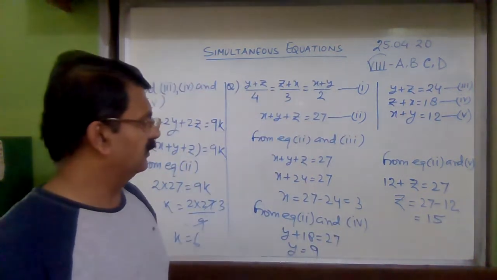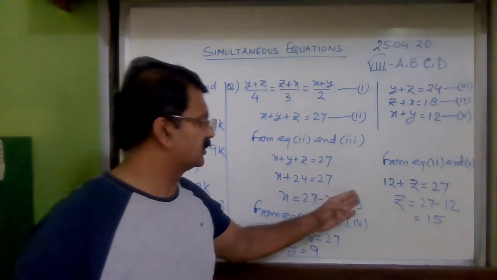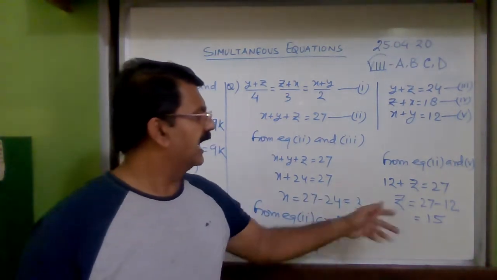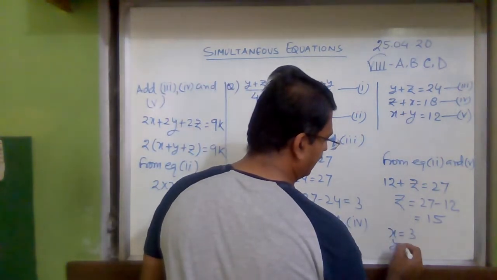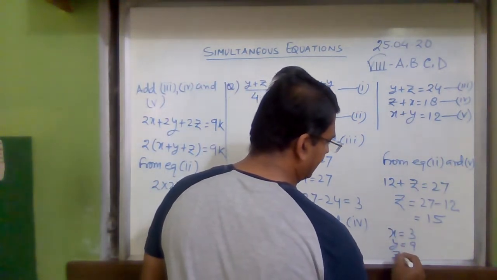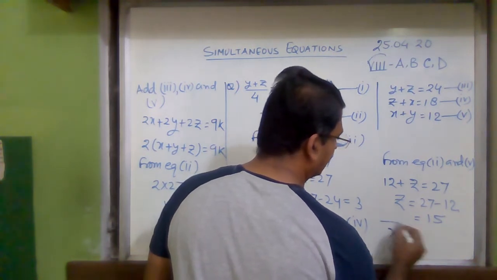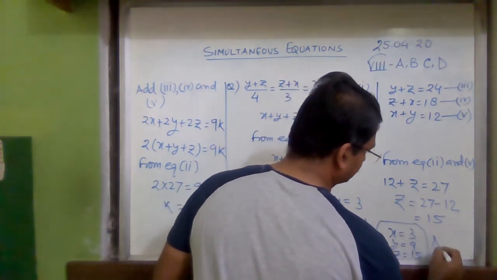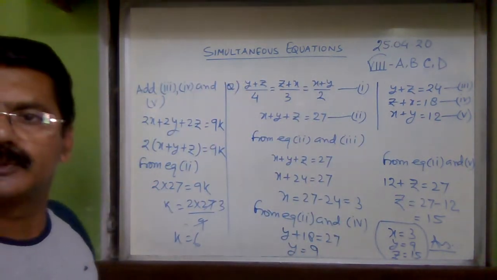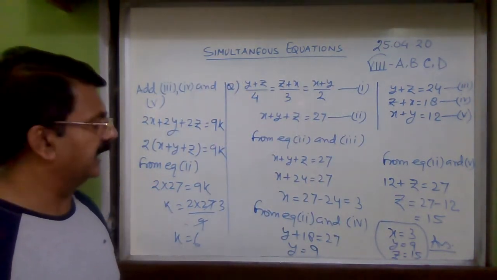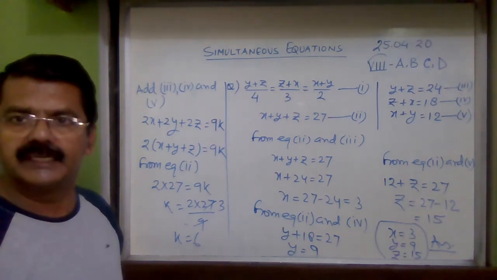So we have found that x is 3, y is 9 and z is 15. That is our answer.